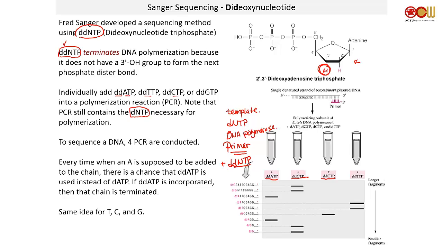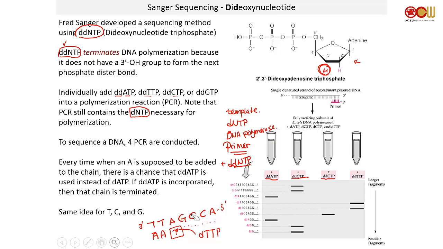For example, let's say you have a sequence like this. So let's say this is the 3' end, that's the 5' end, and your primer is already bound. Normally, the nucleotide that's supposed to go to this position would be a dTTP, right? Because normally you would take a dTTP, go here and make it a T so that you can continue your DNA polymerization.